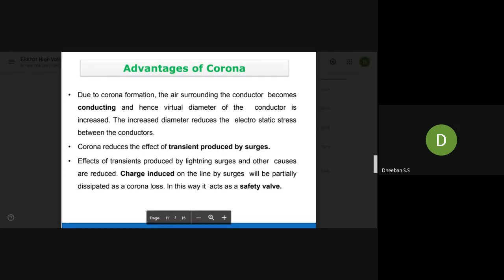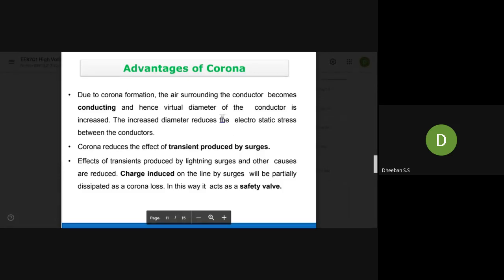In general, air is an insulator, so it doesn't allow anything to conduct. But during corona, the air around this conductor gets ionized and becomes conducting. Hence, the virtual diameter of the conductor is increased.